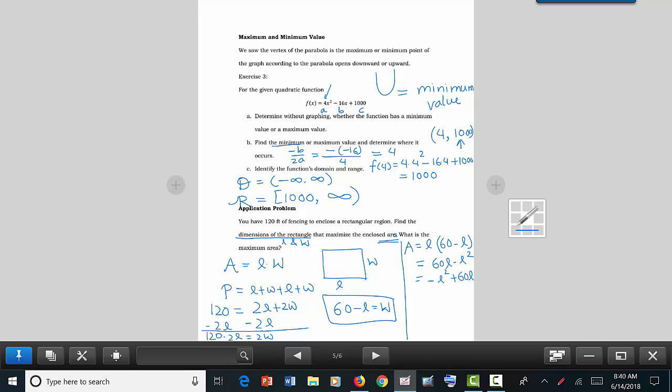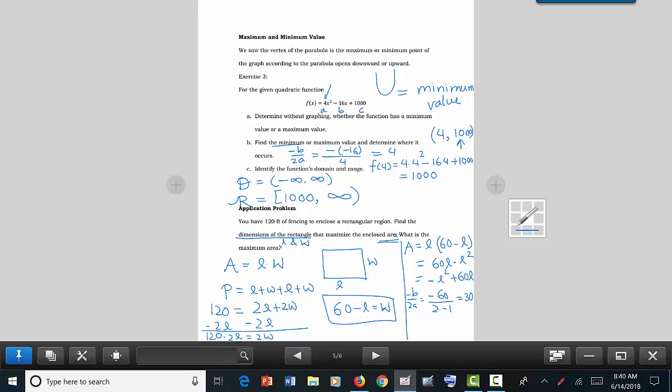Now if we have this equation, we always find the vertex. Negative B over 2A: negative B is 60, divided by 2 times A, which is negative 1. So we get 30. That means when the length is 30, the area will be maximum.